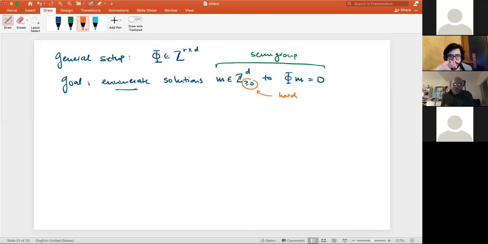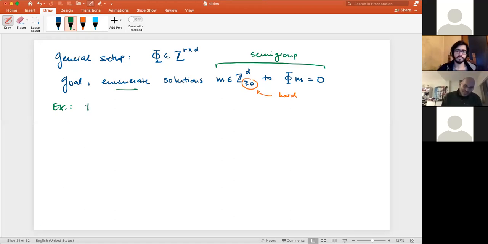But in combinatorics, you often only allow non-negative solutions, and so in algebraic terms, you are operating in a semigroup. This is the most general setting I want to be in, and I'll stop for questions in a moment, but I want you to realize that we've done this with our polytopes.